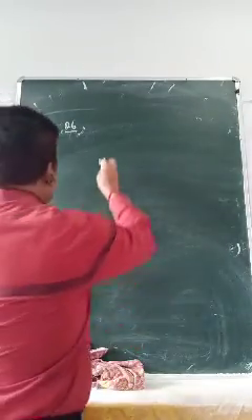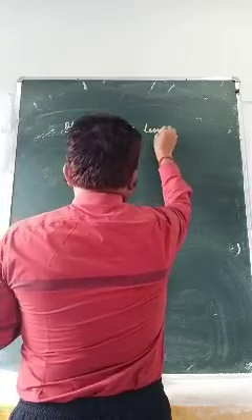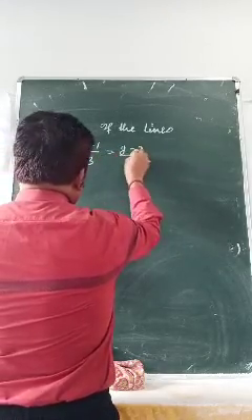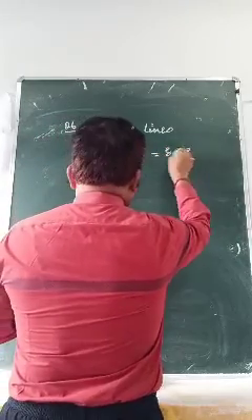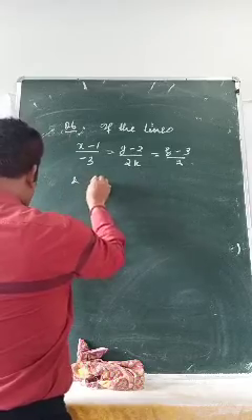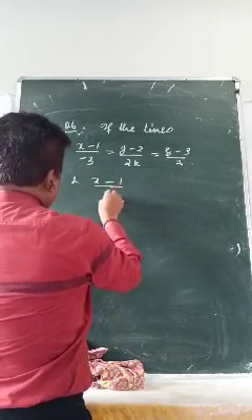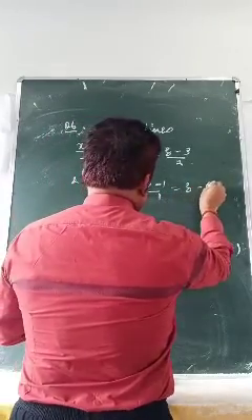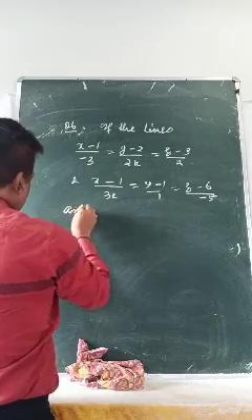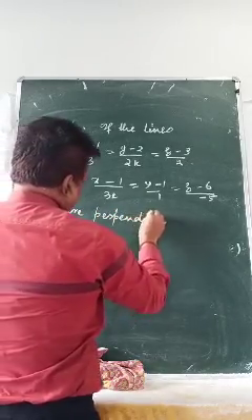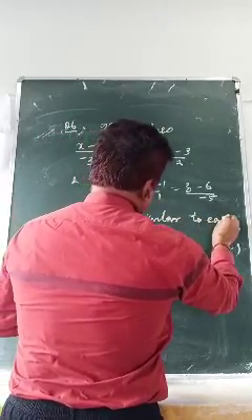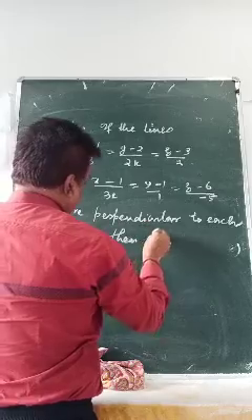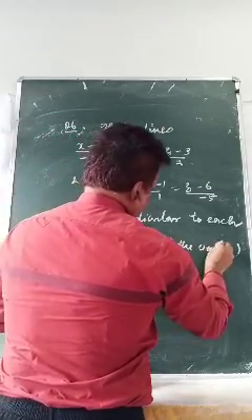Question 6: if the lines (x minus 1) by minus 3, (y minus 2) by 2k, (z minus 3) by 2, and (x minus 1) by 3k, (y minus 1) by 1, (z minus 6) by minus 5 are perpendicular to each other, then find the value of k.